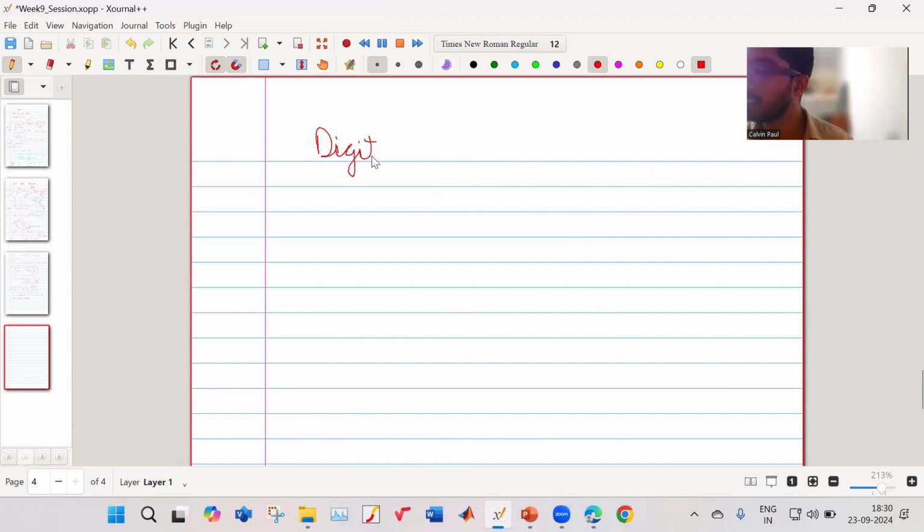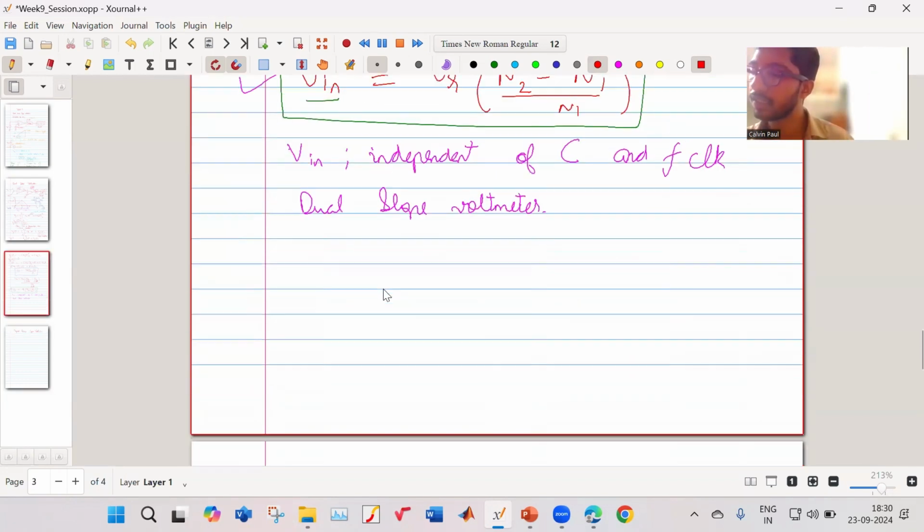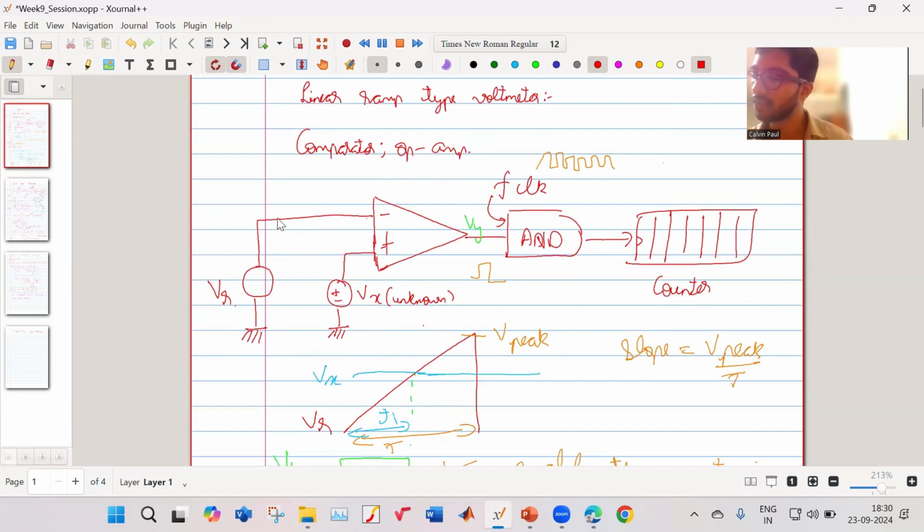So there is something known as a digital ramp type voltmeter. Okay, it is similar to this.